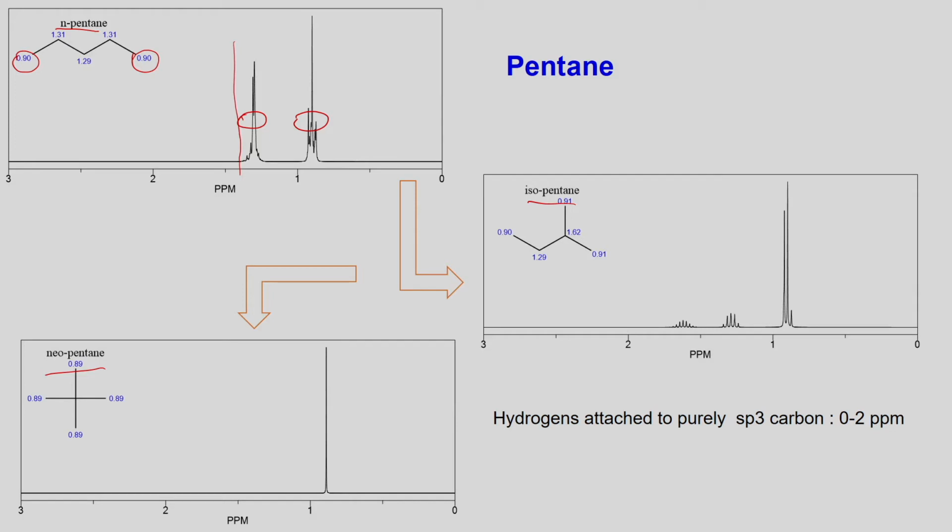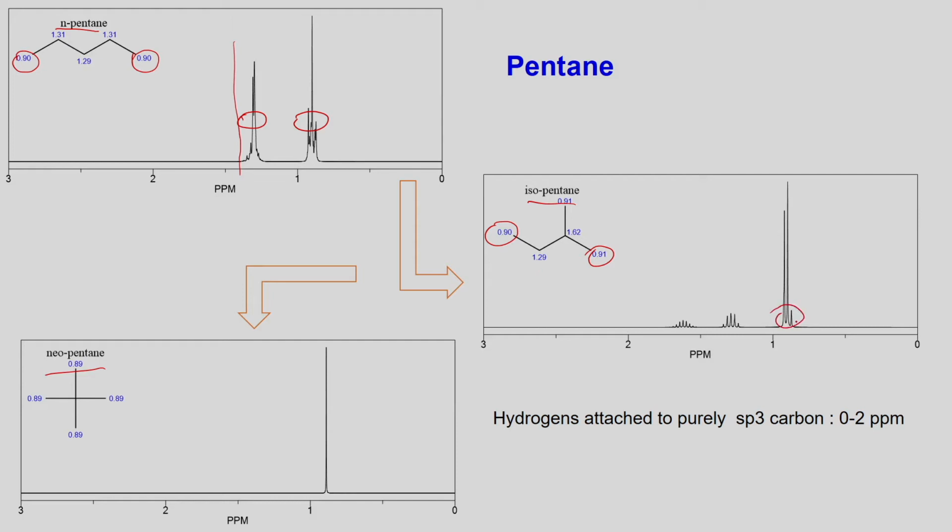Now, when you have isopentane, it means you have a branched structure. Because of this branch, the terminal hydrogen atoms do not show much difference, similar to 0.9, and they show up here.